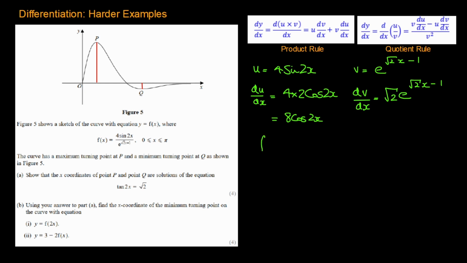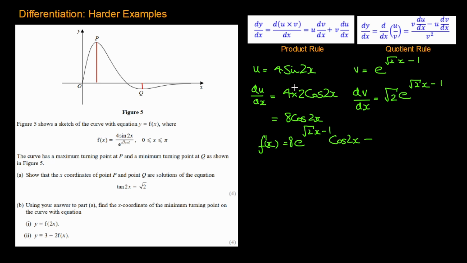So we now have got the constituent parts of the quotient rule, and we need to stick it all together. So I can say that f prime x is equal to v, which is e to the root 2x minus 1, multiplied by du dx, which is 8 cos 2x. So I'm going to put the 8 there and cos 2x there. So that's my first term.